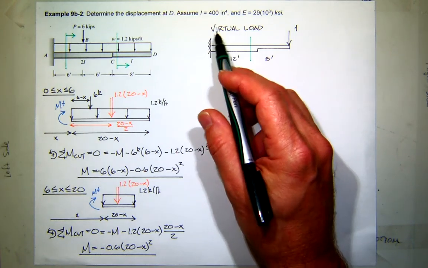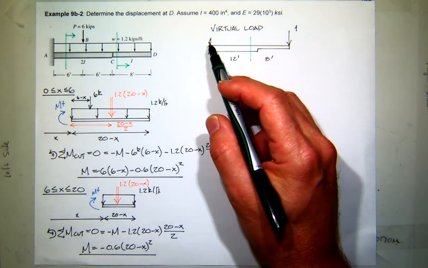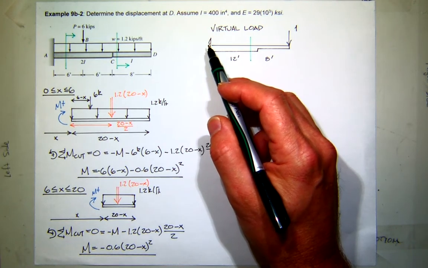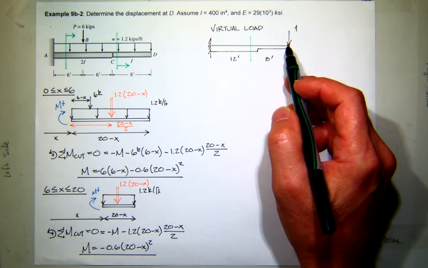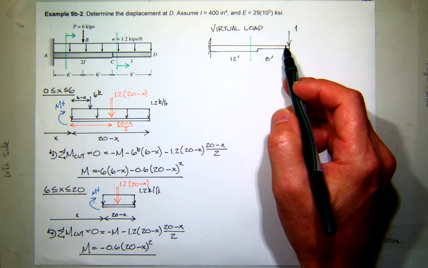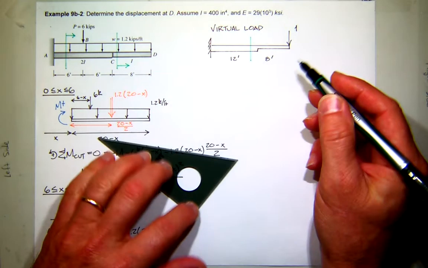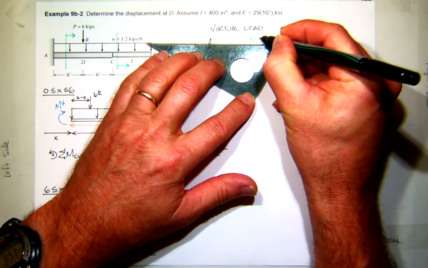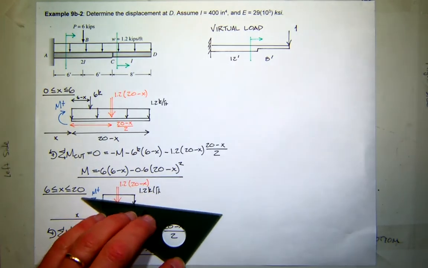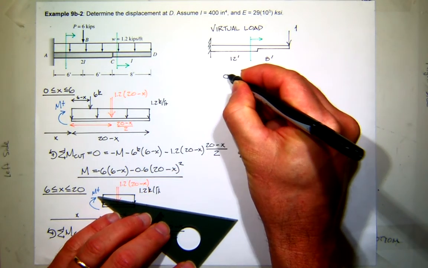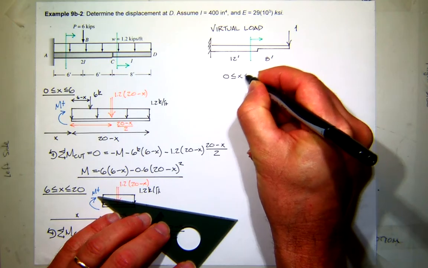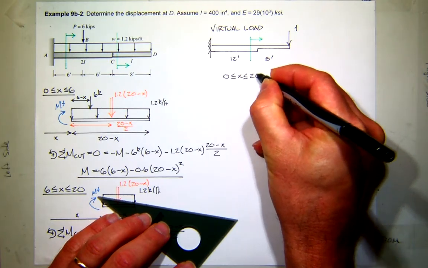I'll need the reactions. Can get those. Those are not super challenging. But what if I work the right side? I do not need the reactions. That's the beauty of a cantilever beam. So I'm going to go right. And this expression for the virtual moments is going to be good for the entire length of the structure.